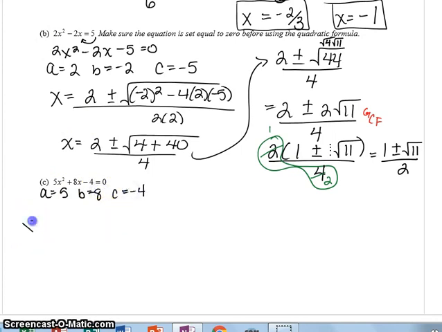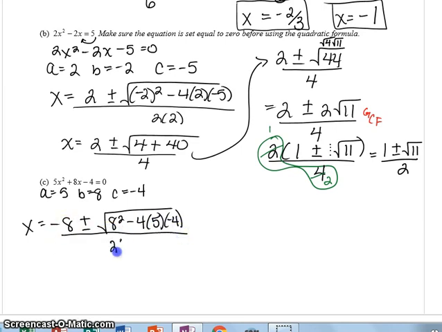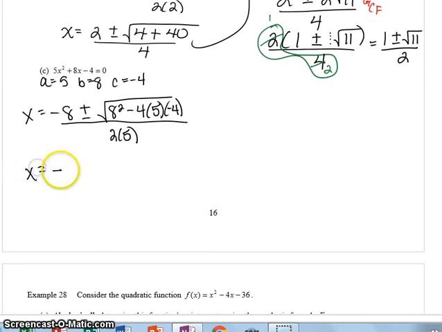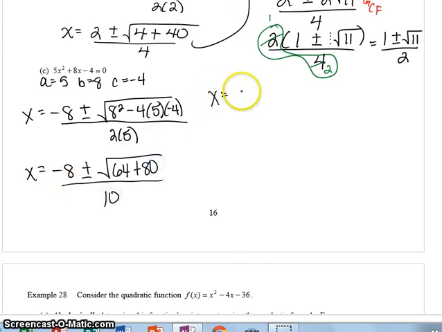X equals opposite of B, so negative 8 plus or minus the square root of 8 squared minus 4 times my A times my C all over 2 times my A. So X is equal to negative 8 plus or minus the square root of 64 plus 80 all over 10. So X is equal to negative 8 plus or minus the square root of 144 all over 10.